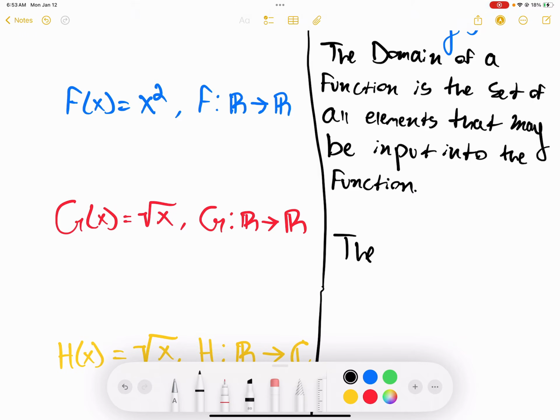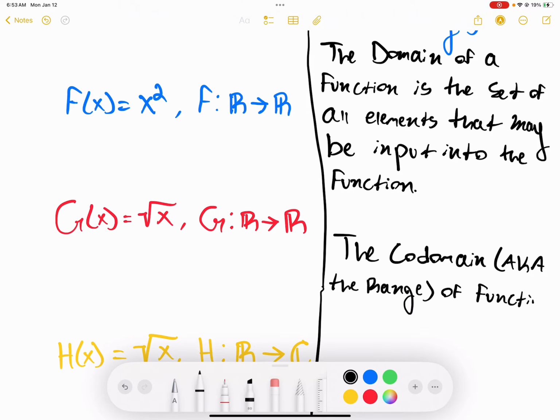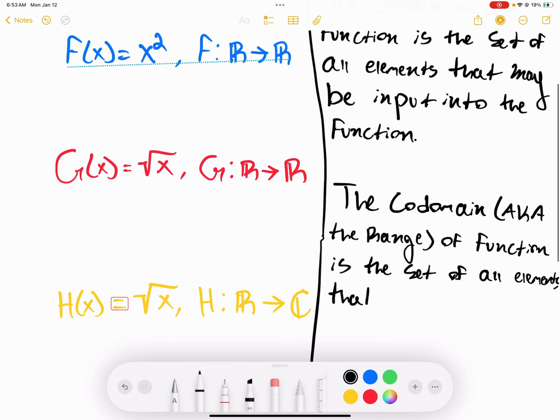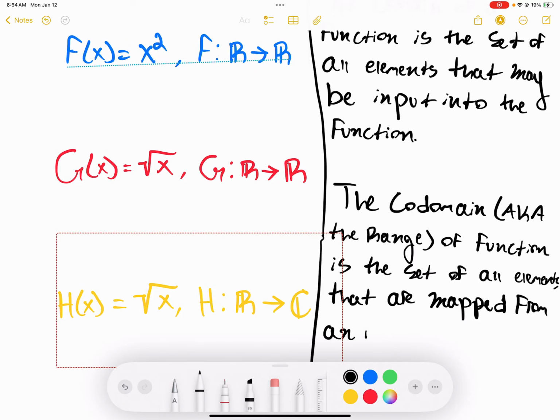The codomain, aka the range of a function, is the set of all elements that are mapped from an input of a function.